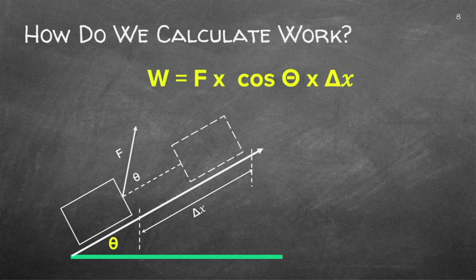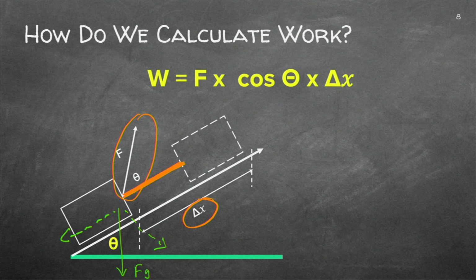Let's have a look. If it's on a slope, remember on a slope you'll have your mg, your gravitational force that side. Remember then you'll have your components parallel and perpendicular. But in this case, we are focusing on the applied force. And if they tell you it went up the slope or down the slope, you know I've got to find that component there, which is going to be in the same direction as the delta x.